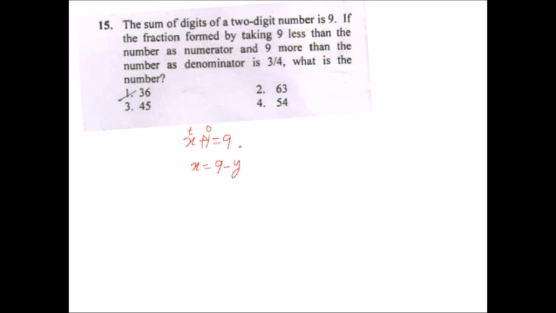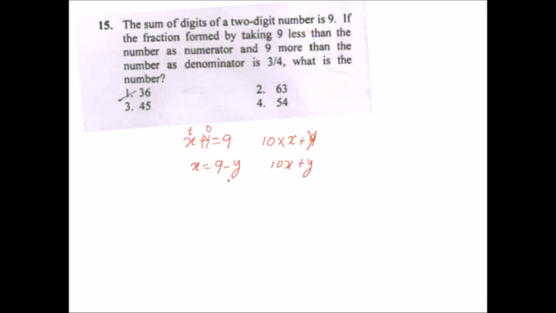In such types of questions, when we form a number with x and y, what do we do? We multiply 10 with the tens digit plus the ones digit, y. So the number will be 10x plus y.